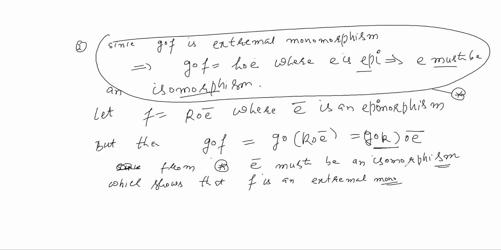In the third part, if G composition F is a regular monomorphism and G is a monomorphism, we have to show that F is a regular monomorphism. That means F has to be an equalizer of some pair of morphisms.